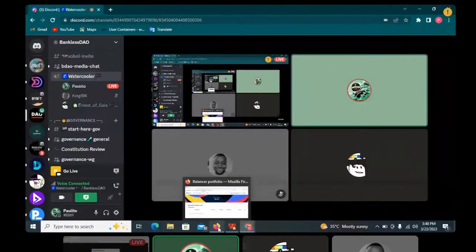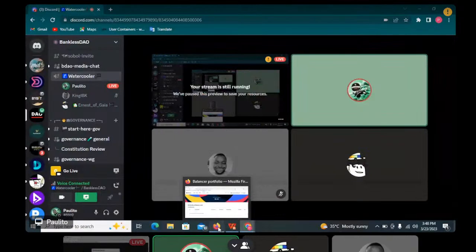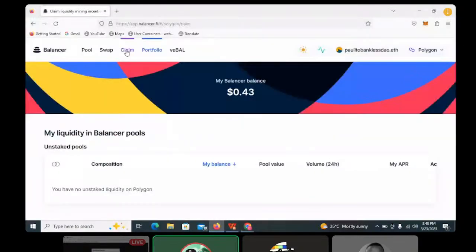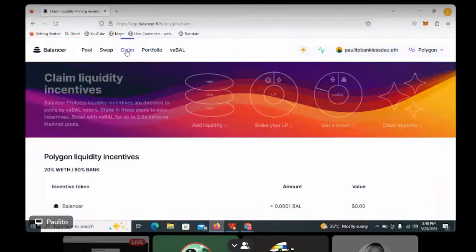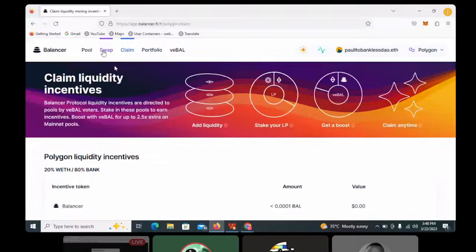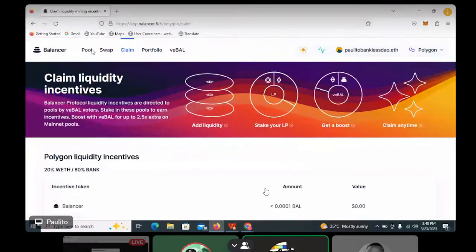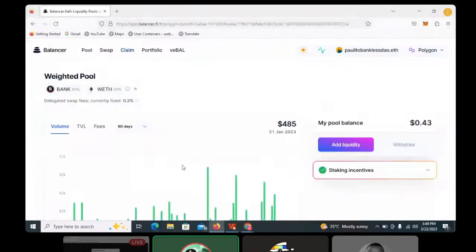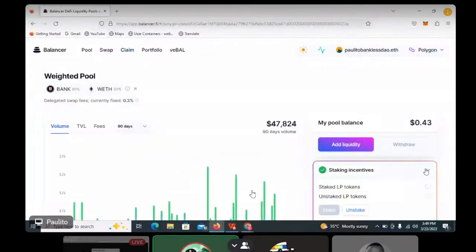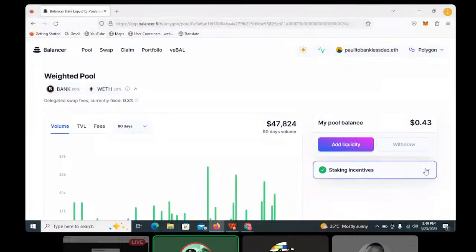Oh yeah, it does. Initially, if you looked at, when you come to claim, it will give you the precise amount, but actually, the higher your investment is, the higher the BANK rewards that you actually get.